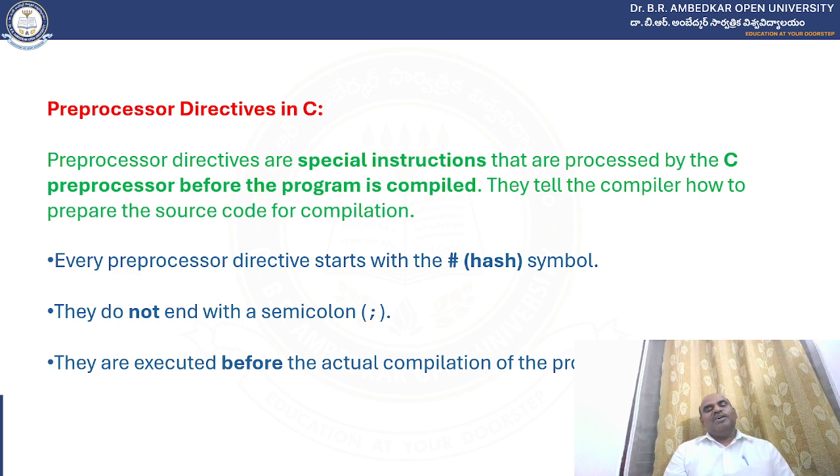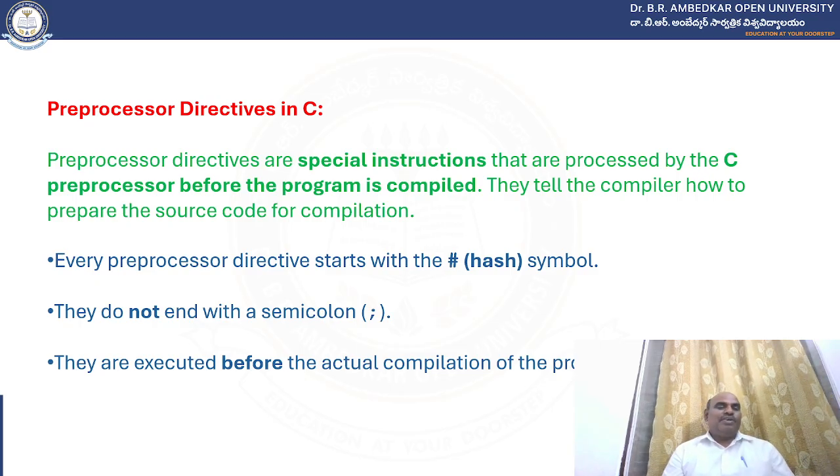That is the second rule. And third, they are executed before the actual compilation of the program. Only before compilation are preprocessor directives executed. These are the things we first have to remember.